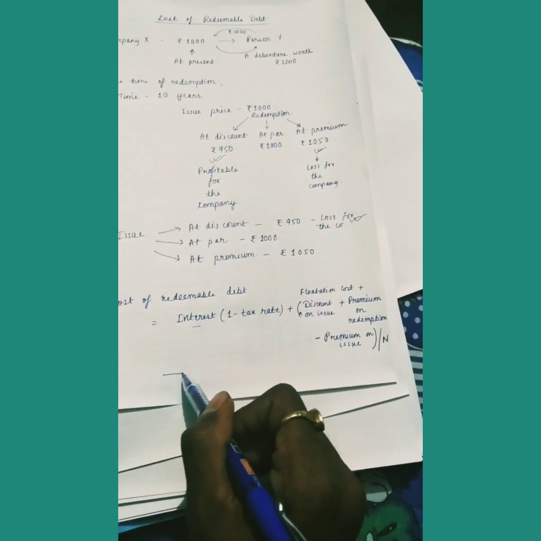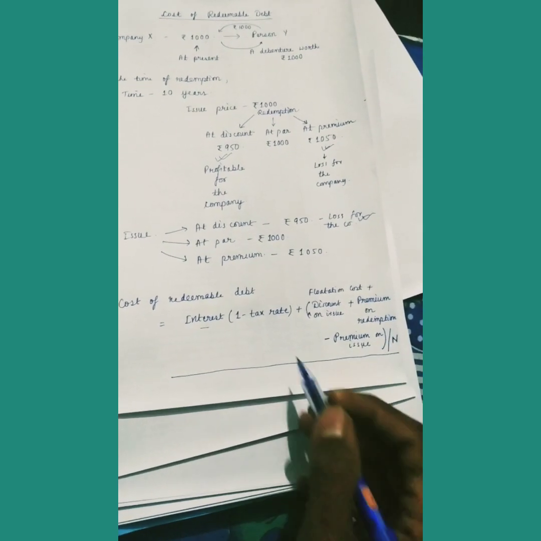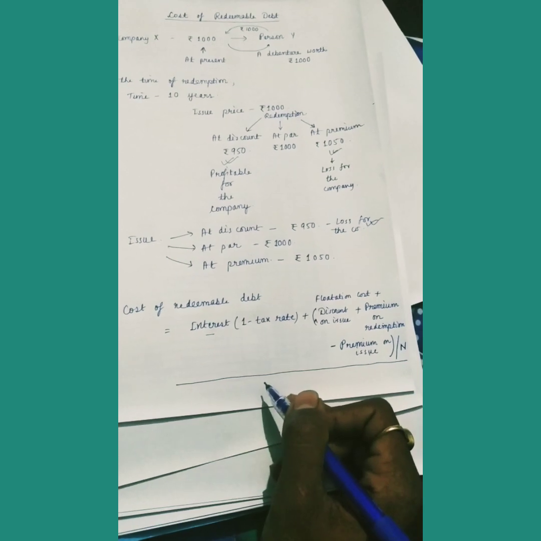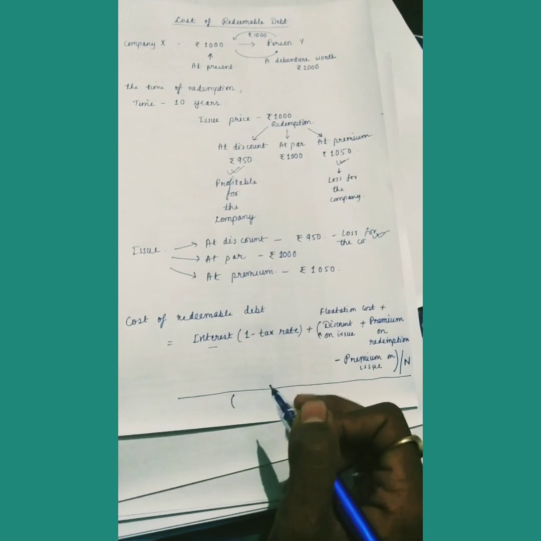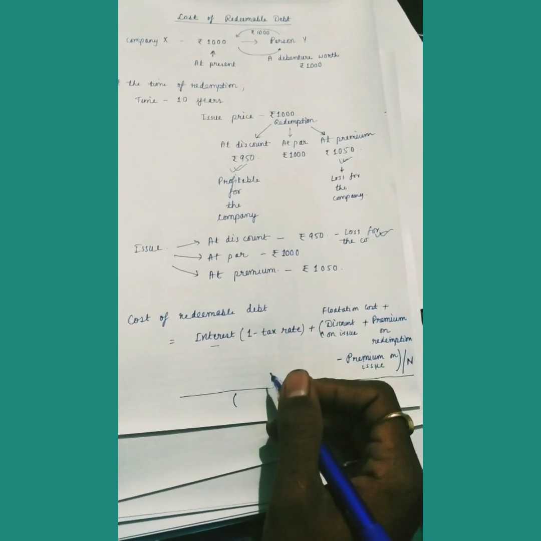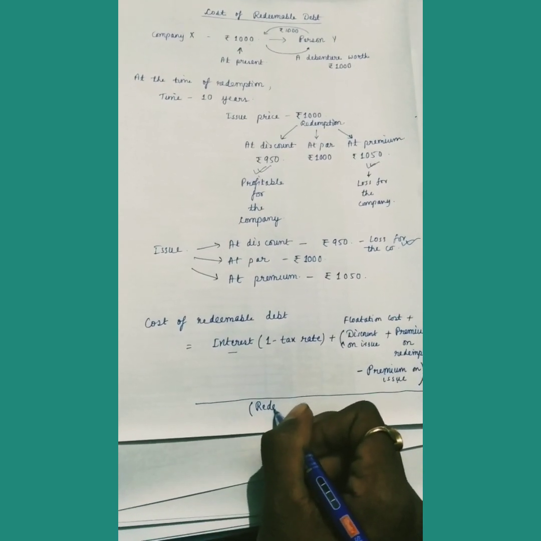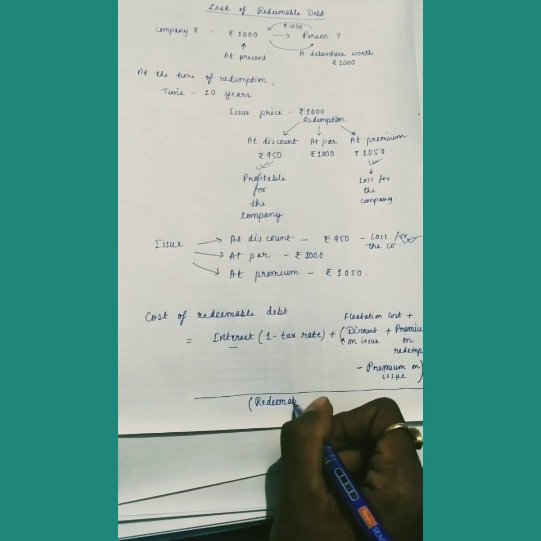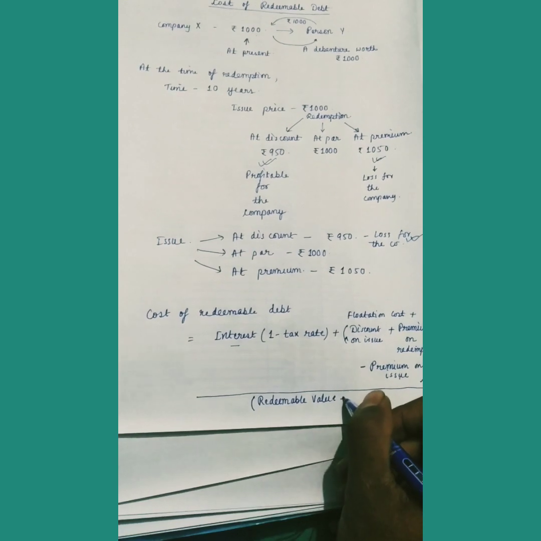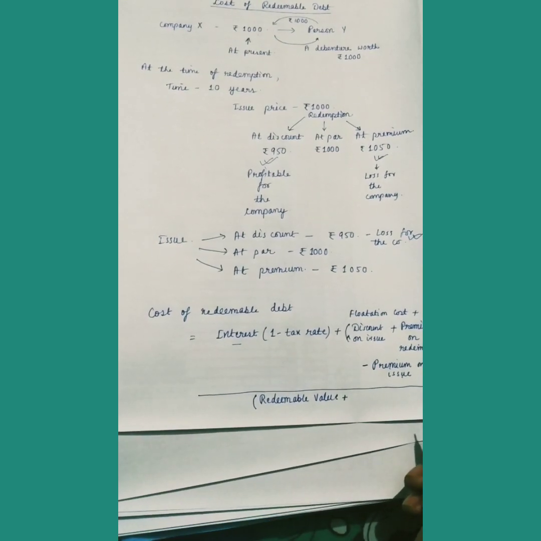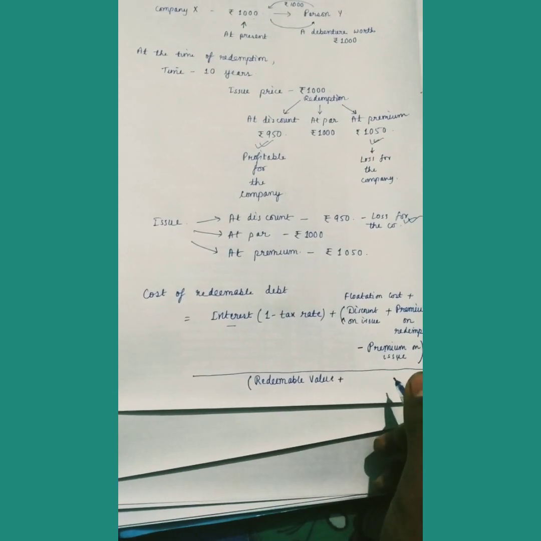And this is to be divided by, since we are taking the annual cost, the redeemable value plus sale proceeds of the issue of debentures.